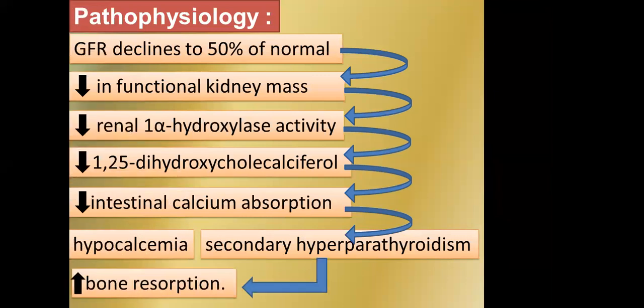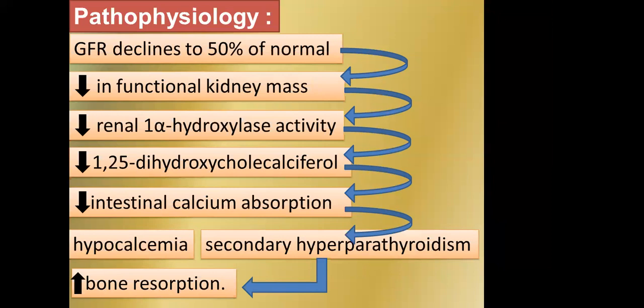This secondary hyperparathyroidism results in increased bone resorption, cystic lesions, and decreased bone strength. It is clear.